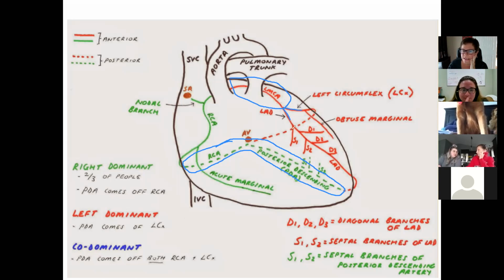And you can see anything that's dotted here goes around the posterior part of the heart. So we have 3 coronary blood vessels. The PDA comes off of the right coronary. The diagonals come off of the LAD, and the obtuse marginals come off of the circumflex. That's pretty much what you need to know.